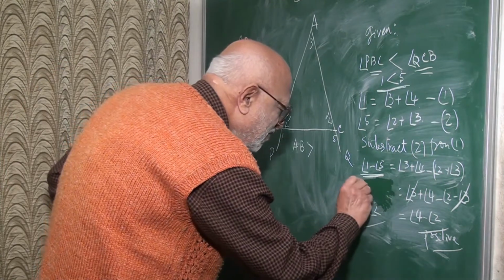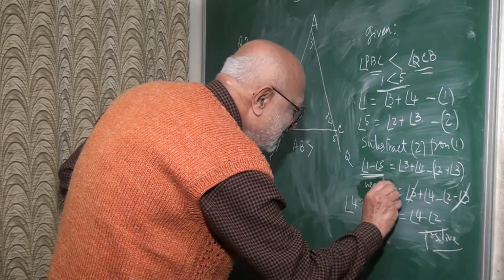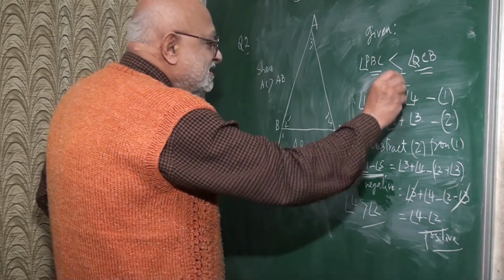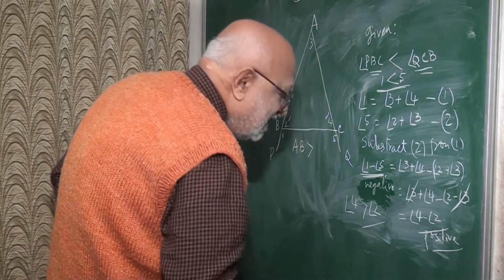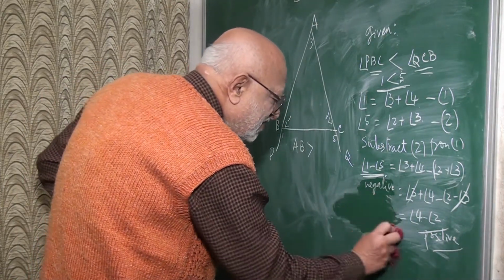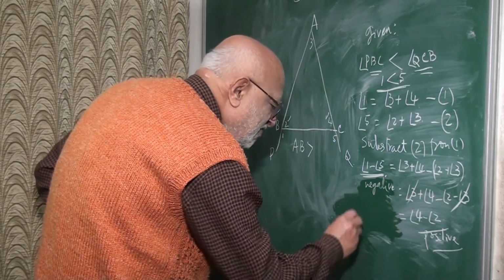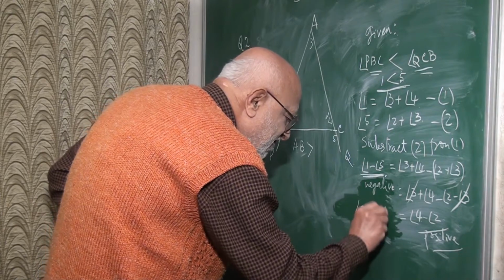If the given were the other way, 5 greater than 1, this side would be negative, and then I would have to have angle 2 greater than angle 4.